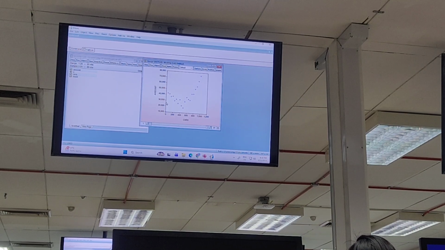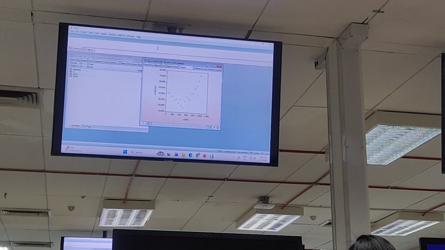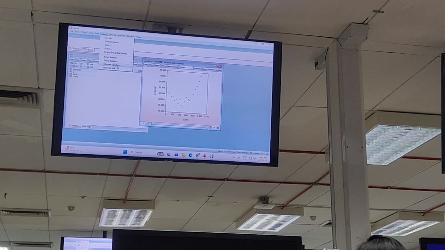So let's see what happens if you use a straight line. You estimate a linear model. So you go to quick, estimate equation.